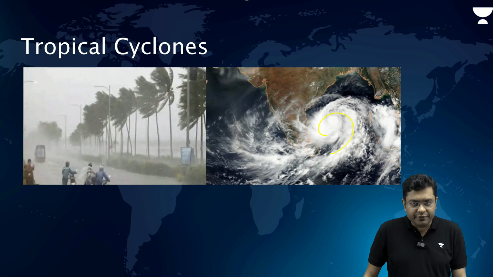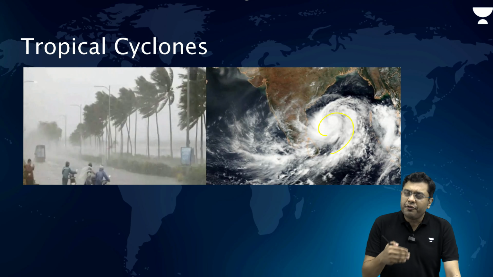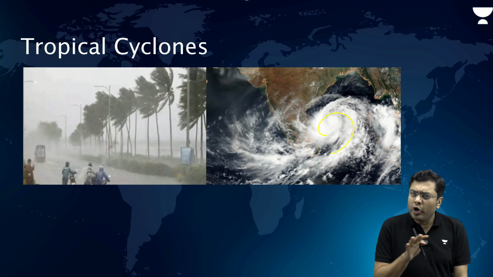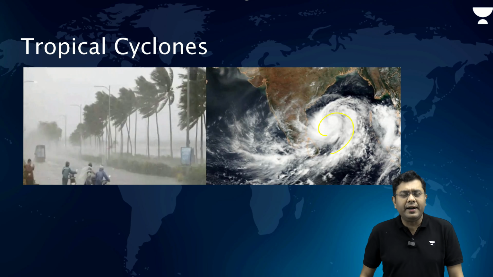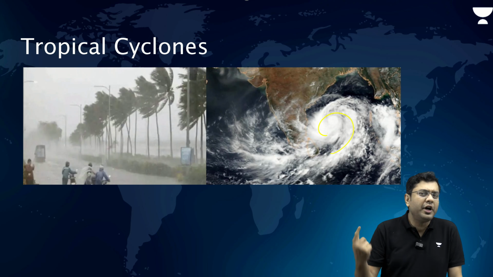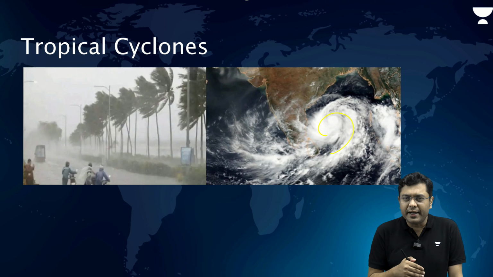That circular motion induces the occurrence of a cyclone. These impacts are observed not only in the Bay of Bengal and Arabian Sea, but in tropical waters across the world, wherever water can get acutely heated up and create that low pressure center.